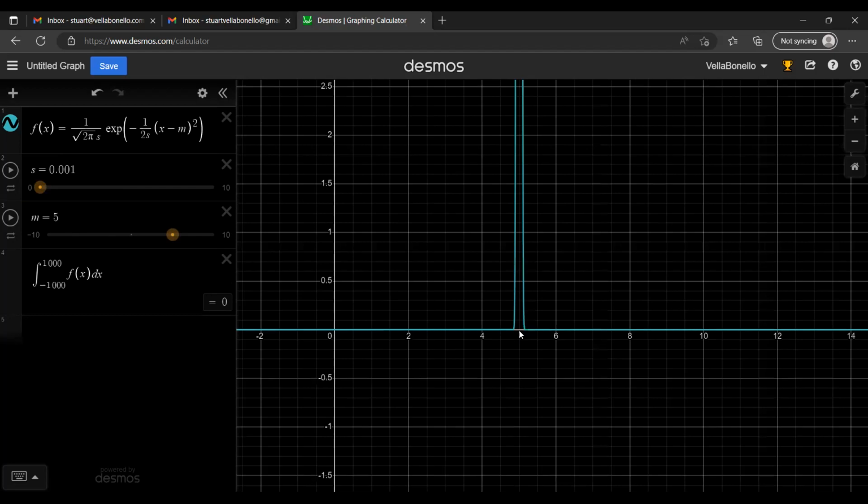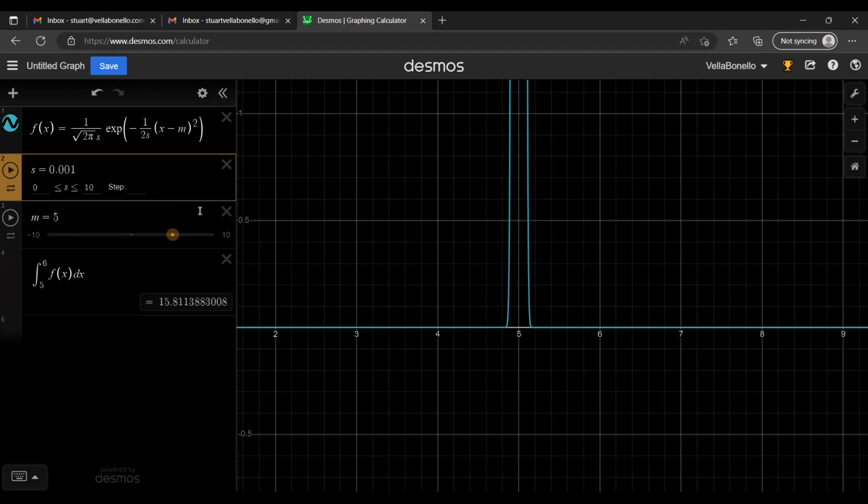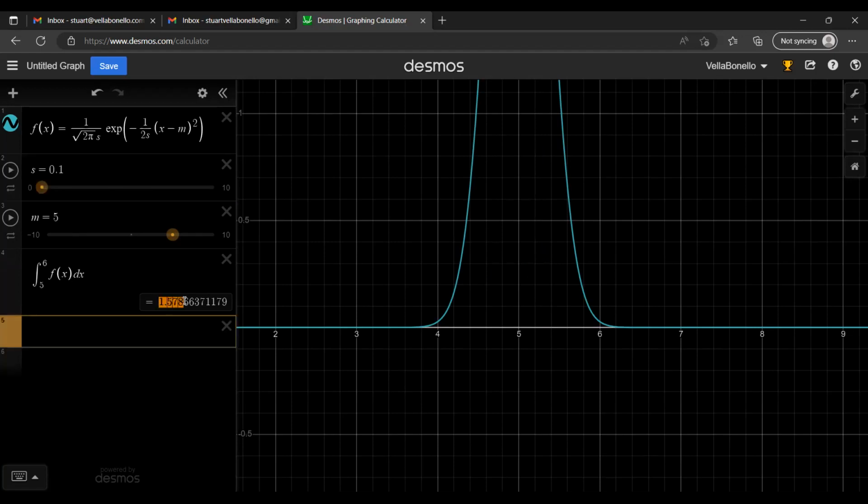So something like this. Let me show you. What is the probability of getting between, for example, 5 and 6? Like this is a probability of 15%. But if I increase the standard deviation like this, now getting between 5 and 6, one second, that can't be right.